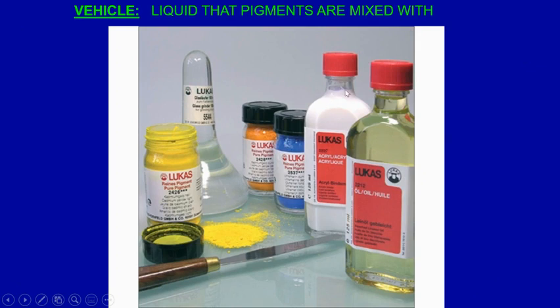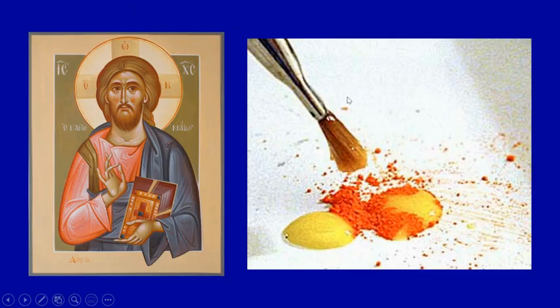For acrylic paint, it'll be acrylic that is mixed. And for tempera, it is egg that is mixed with the pigments for painting. And so especially with icons, those were painted with tempera paint that used eggs. You can see the yolk of the egg right here.